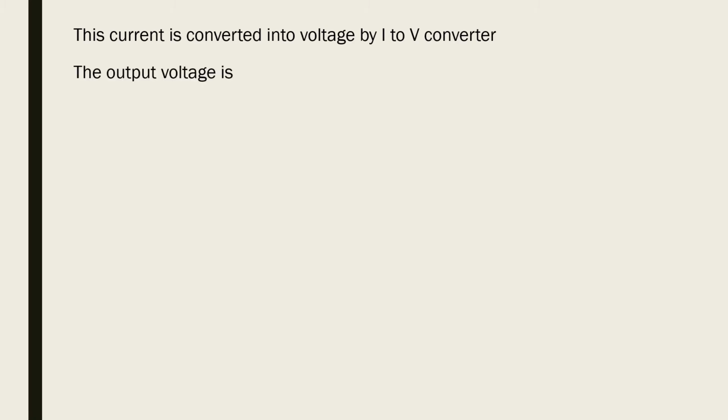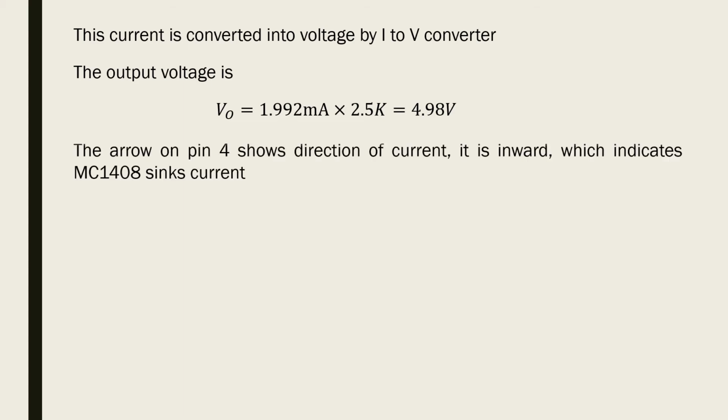The output voltage V0 is equal to the current 1.992 milliampere into 2.5 K, which is equal to 4.98 volt. 2.5 kilo is nothing but the feedback resistor that we are using in our current to voltage converter.